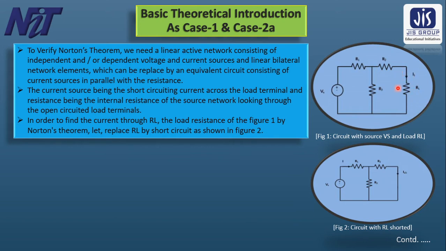So if you try to read the equivalent Norton resistance, then you have to open this load RL and measure from these ends, and at that time you should deactivate your voltage source, leaving only the internal resistance there.